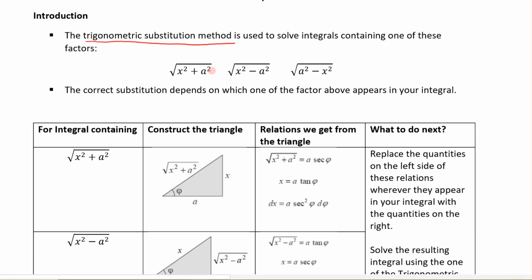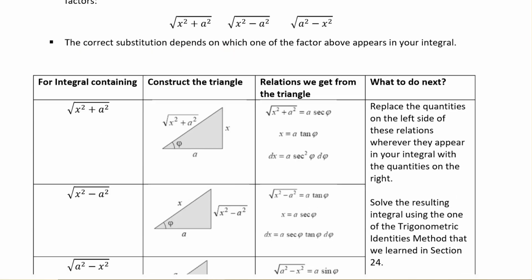Depending on what expression we have in an integral, we will make a special type of trigonometric substitution. I have made a table with different types of expressions, which illustrates what kind of substitution you need to make in each case.